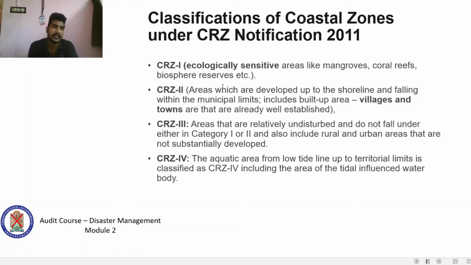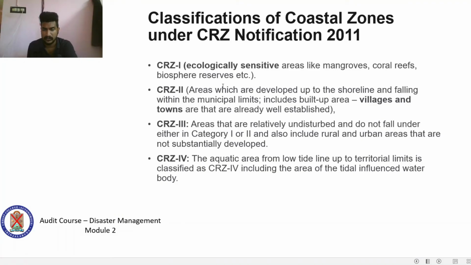Between the low tide line and the high tide line, in areas which are not ecologically sensitive, the following can be permitted: exploration and extraction of natural gas, construction of basic amenities like schools and roads for traditional inhabitants living within the biosphere reserve, salt harvesting by solar evaporation of seawater, desalination plants, and storage of non-hazardous cargo such as edible oil and fertilizers within notified ports.